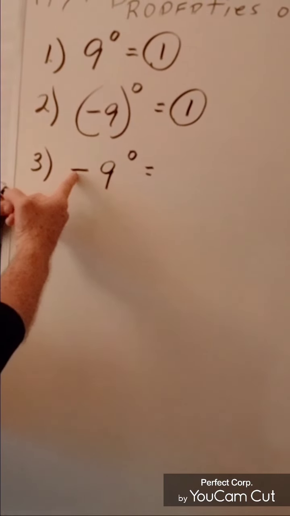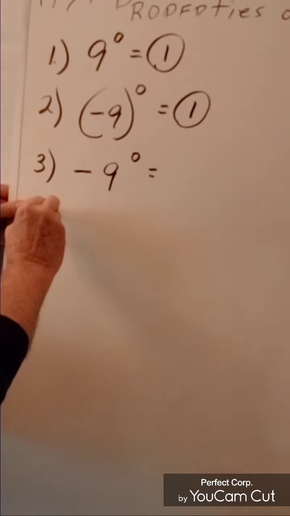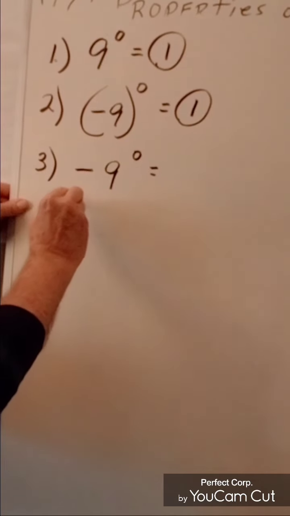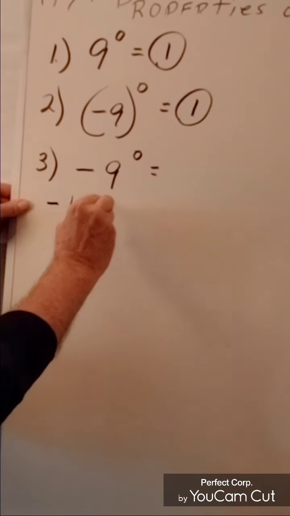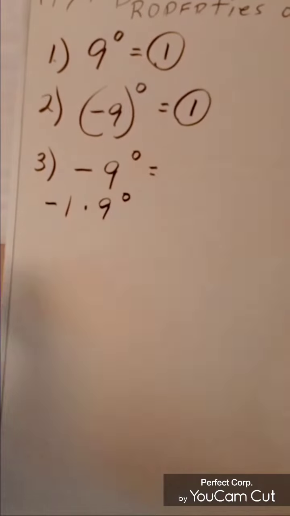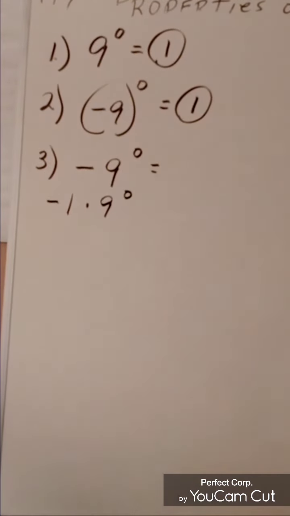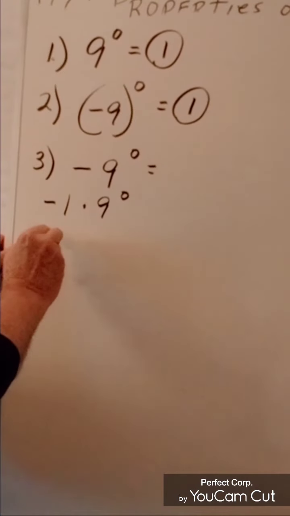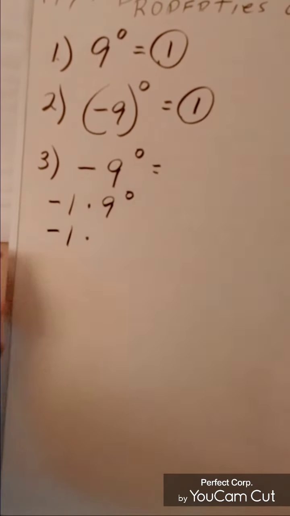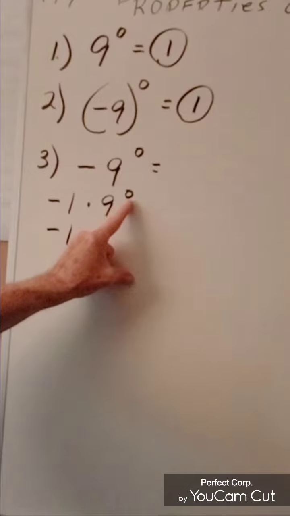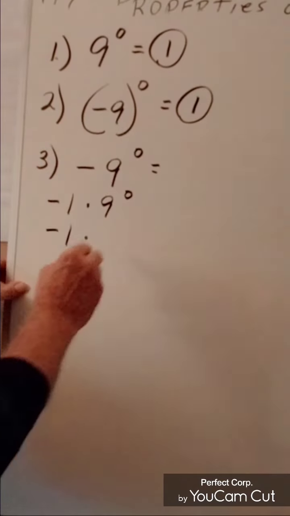That negative sign really is meaning -1 times 9 to the 0. That's what that really means. Well, then if we bring down that -1 and the times sign, 9 to the 0, that's 1.